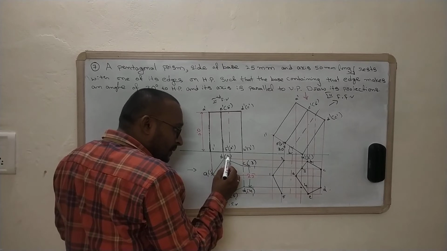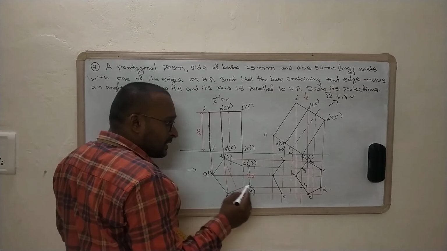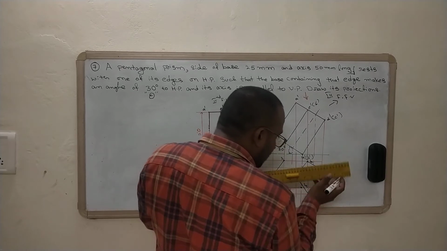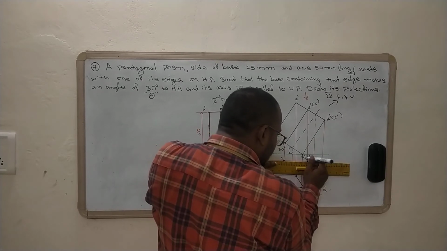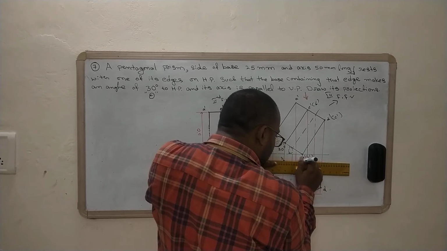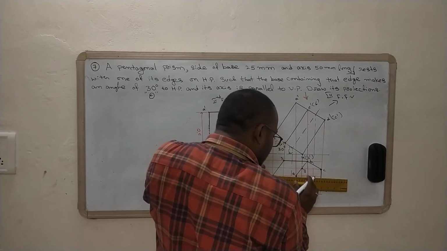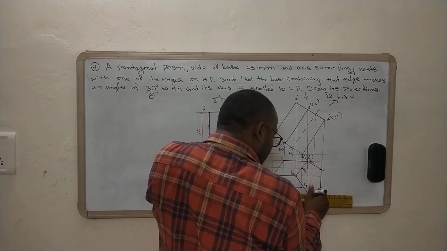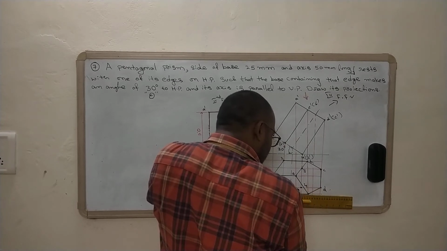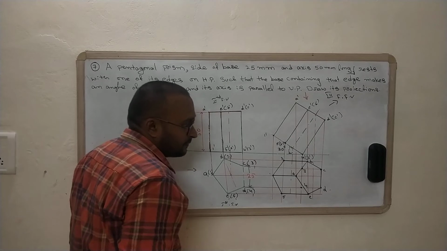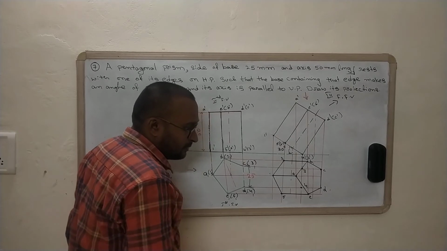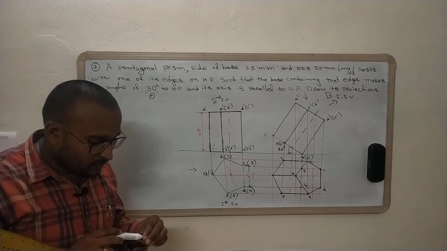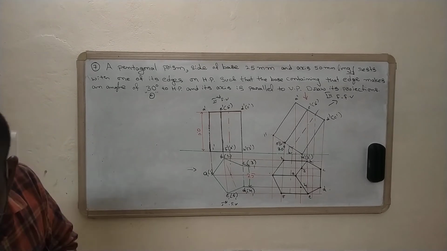So here B2 A1 surface will be completely visible. Here 2B A1 surface will be completely visible. So we have to construct that line, and then A1 finalized, right? So this is the finalized top view of the given problem.